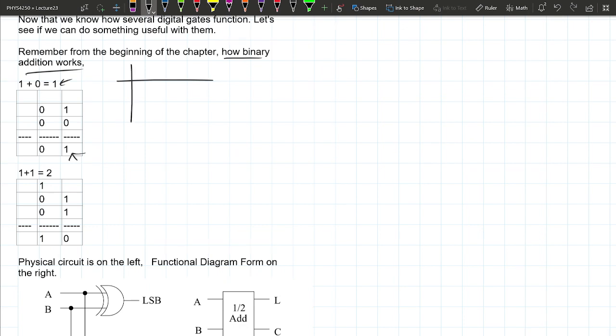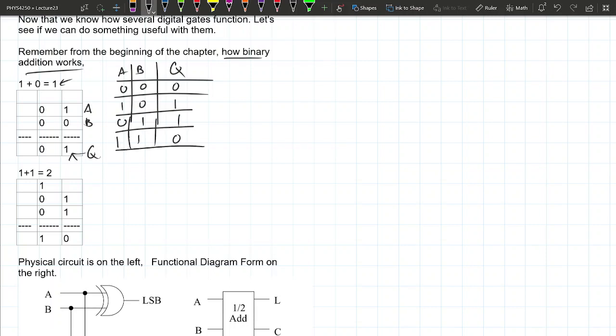Let's say my A is this, B is this. So this is my A row, my B row, and this is my Q for my output. What we want is that 0, 0 gives you a 0 as an output, 1, 0 gives you a 1 as an output, 0, 1 gives you a 1 as an output, and 1, 1 gives you a 0 as an output.